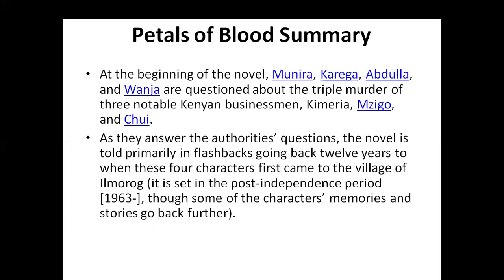So, at the beginning of the novel, we see four characters: Munira, Karega, Abdullah, and Wanja are questioned about the triple murder of three notable Kenyan businessmen, Kimeria, Mzigo, and Chui. It means that these three notable Kenyan businessmen were killed, and these four persons are questioned about the murder.